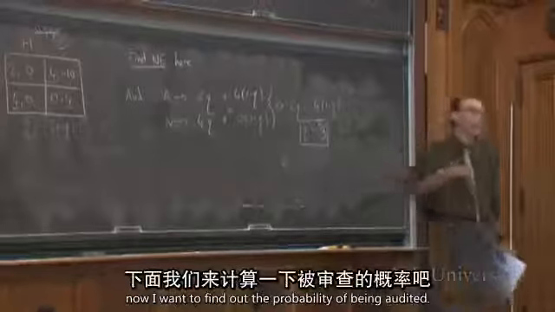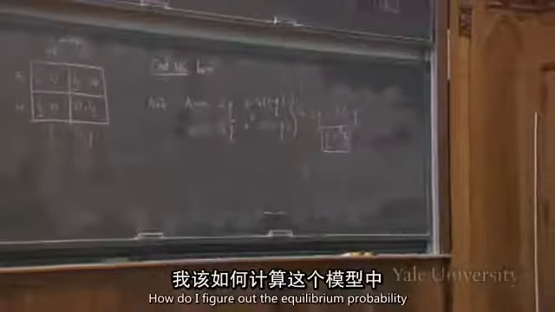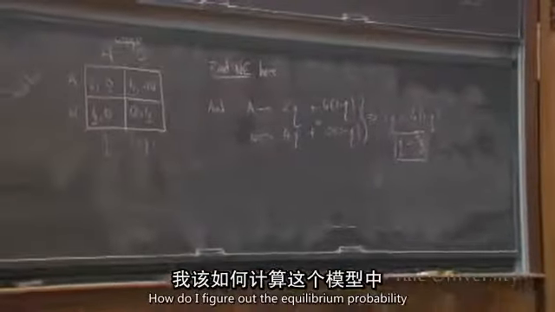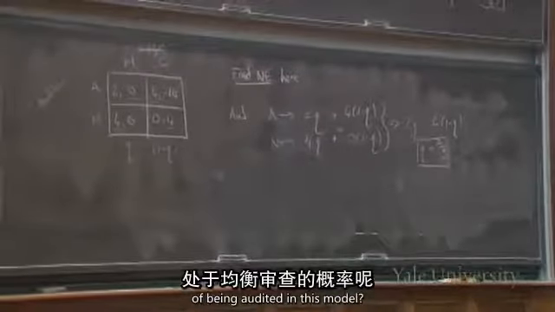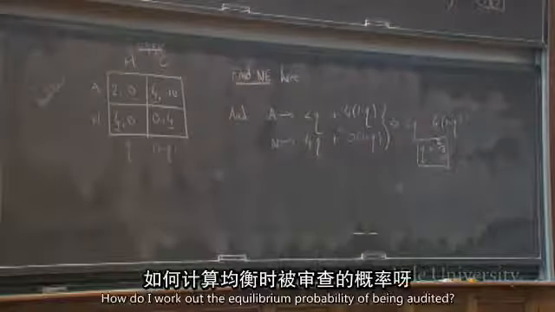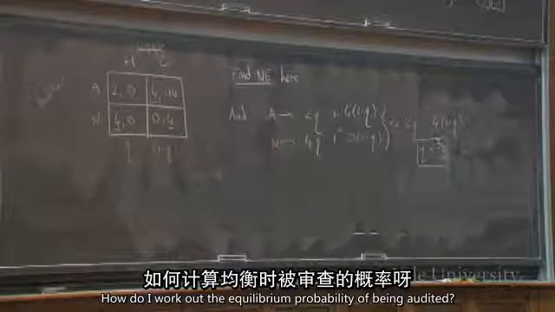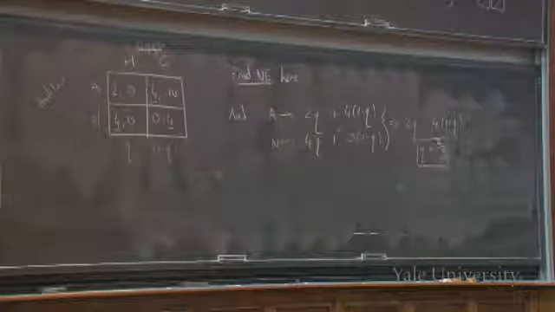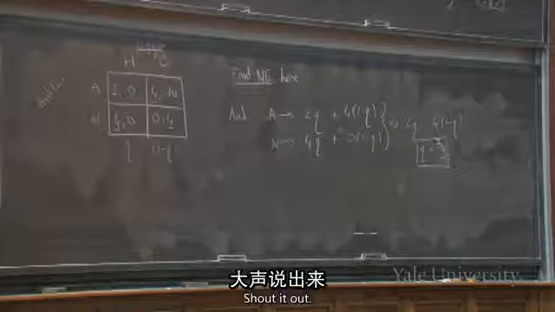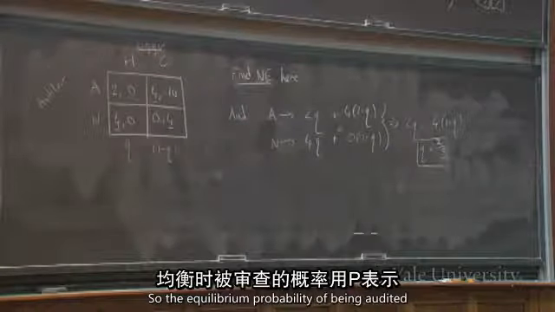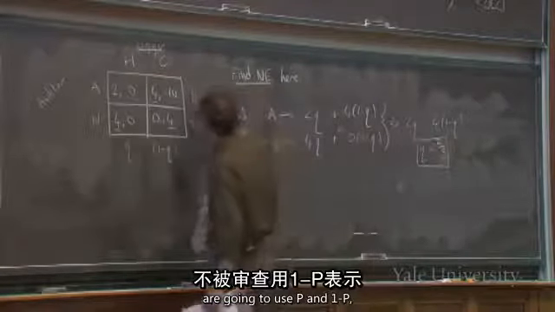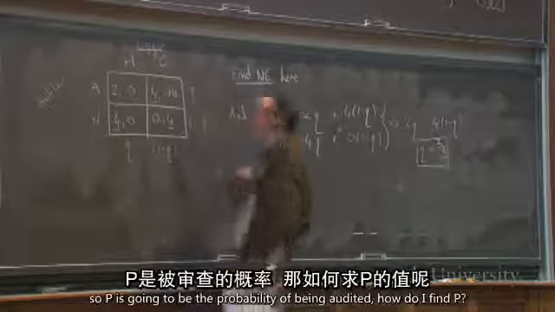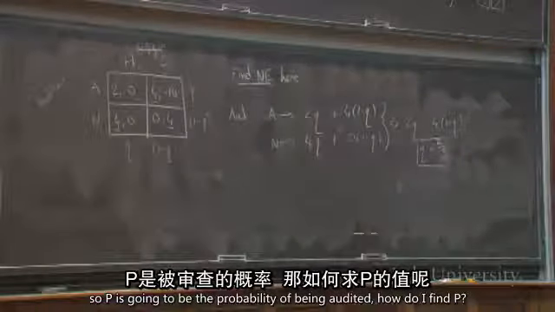Now I want to find out the probability of being audited. How do I figure out the equilibrium probability of being audited in this model? How do I work out the equilibrium probability of being audited? Shout it out. So the equilibrium probability of being audited, I'm going to use P and 1 minus P. So P is going to be the probability of being audited. How do I find P?